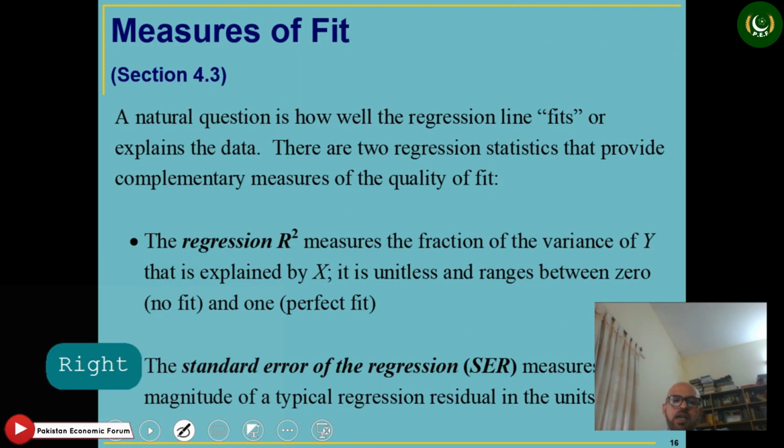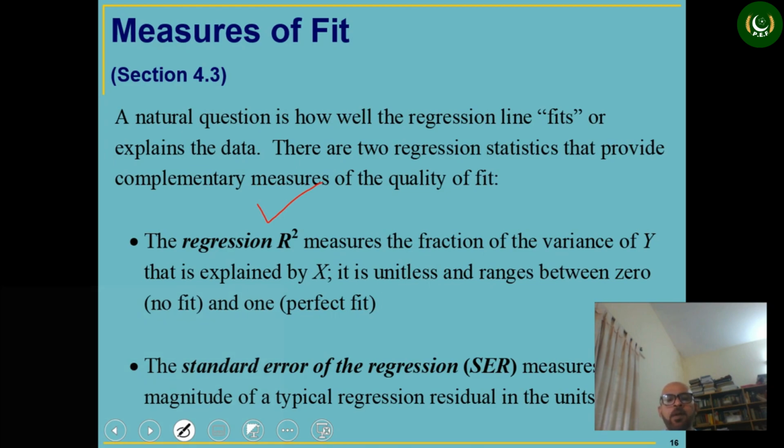Measure of fit. We are going to discuss some terminology here. R square. What is R square? This is the fraction of variance of y that is explained by x. It is a unitless measure. It's between 0 and 1 so long as an intercept is included. So R square is basically how much variation in y is explained by x. The smaller it is, the less well we can predict the dependent variable.